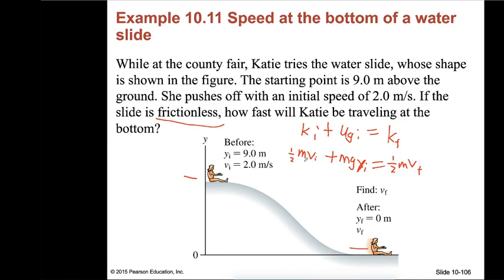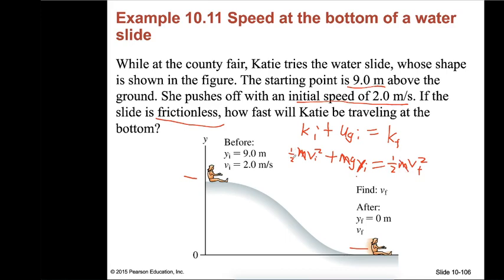Now let's see. Do you know m? We don't know. Do you know v initial? Yes. Initial speed is 2. Do you know y initial? Yes, it's 9 meters above the ground. Sorry, it's m v squared here, because kinetic energy is 1/2 m v squared. But you don't know m. However, the m will be cancelled because each term has an m.